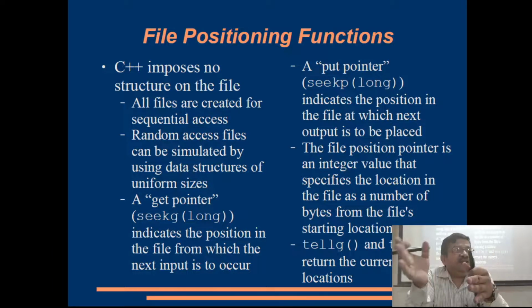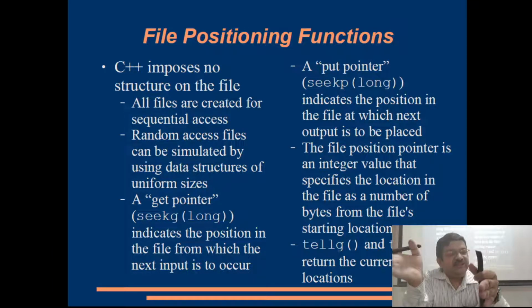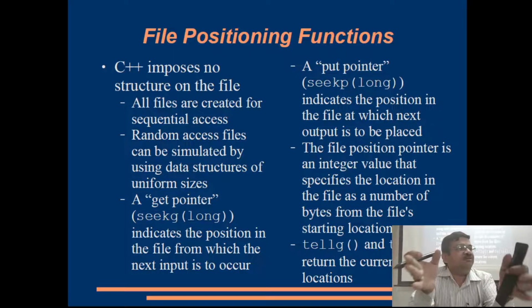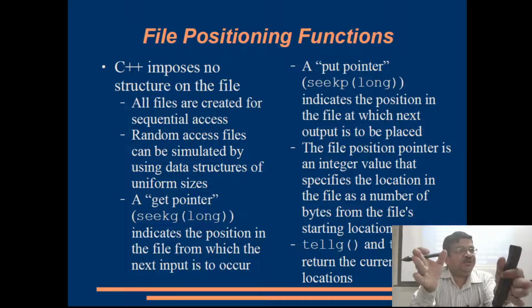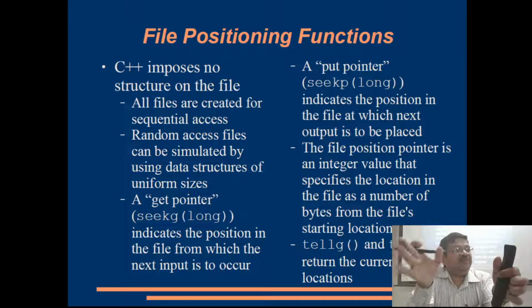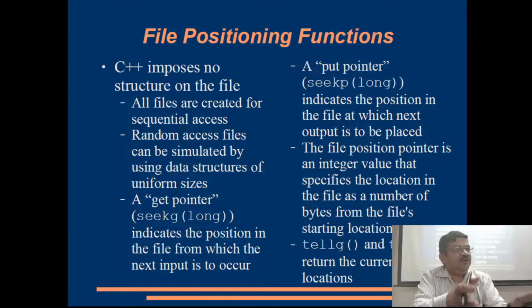So if I wish to go to the next data, that will happen only after 2 bytes from IP. Whatever location IP is pointing to, the next data can happen only after 2 bytes, right? These 2 bytes have been set aside to store the integer data.